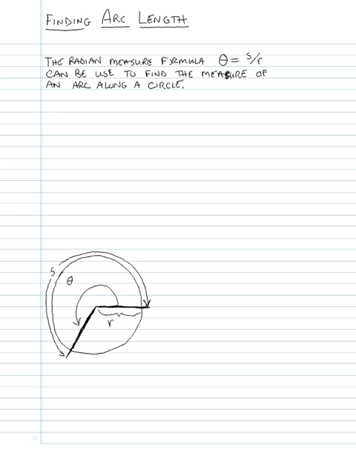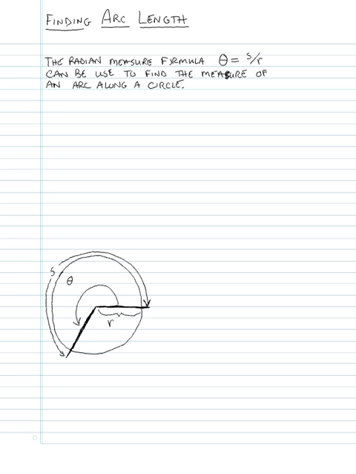So let me draw a diagram so that we can begin to talk about what this is. Okay, I've got my circle drawn, and we have a circle of radius r, and this angle theta that I've labeled there.